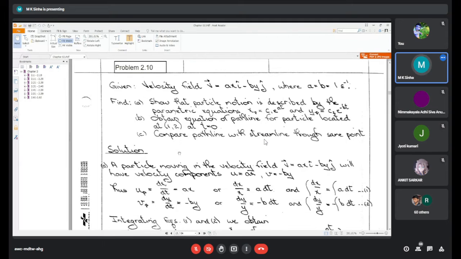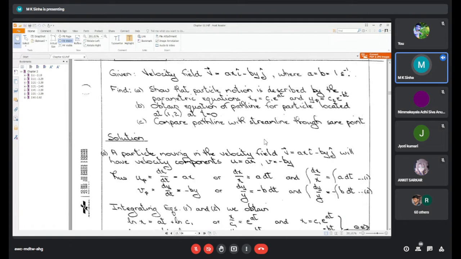So see, V, that is Vx, let us suppose here axi minus byj. So this is the velocity vector mentioned, meaning it has two components, ui plus vj, so u equal to ax and v equal to minus by or ay. Is it correct or not?